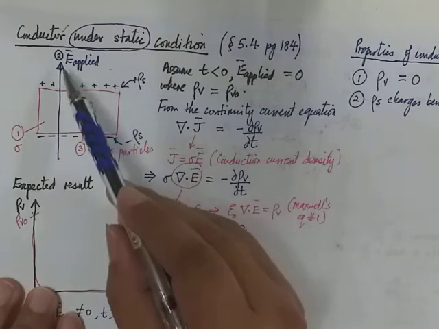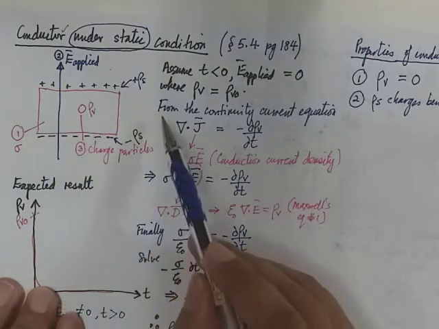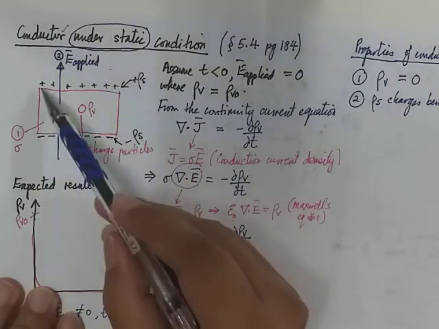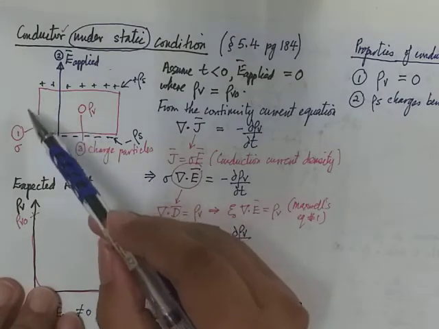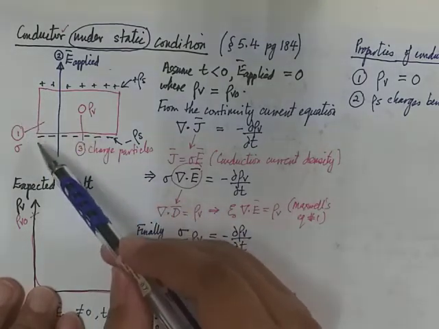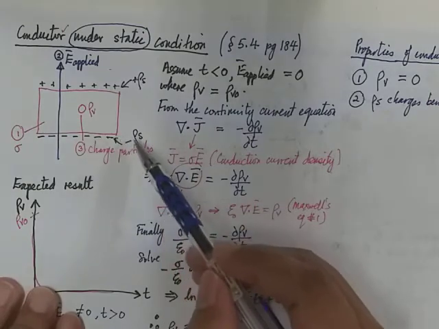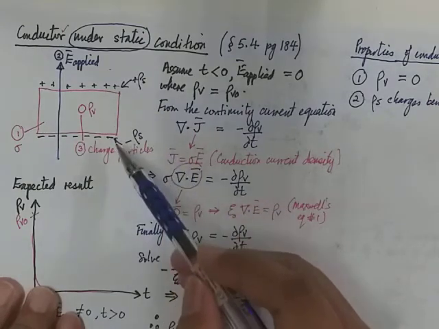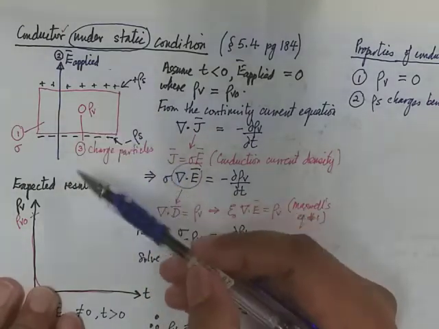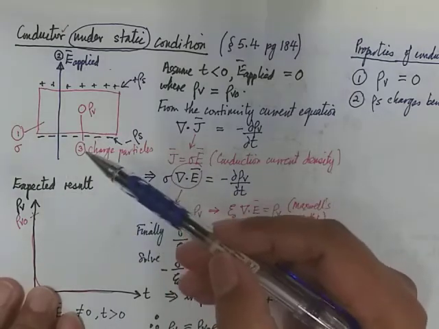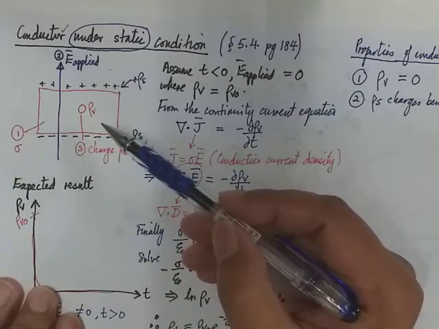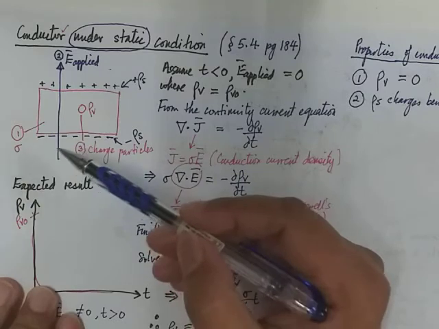Let's say the E applied is from left to right. You will see that the left surface is going to be filled with negative charge, and the right surface is going to be filled with positive charge. So the distribution of polarity of the surface charge depends on the E applied.